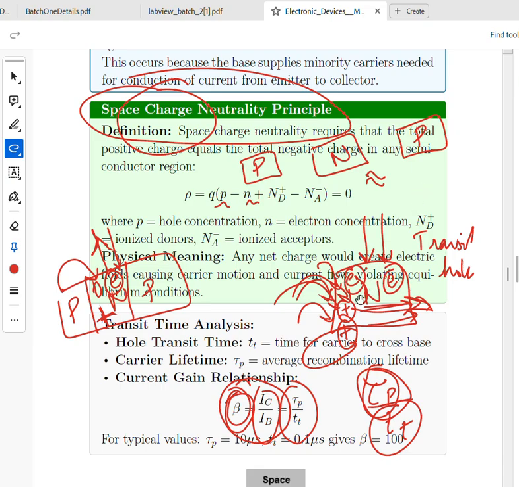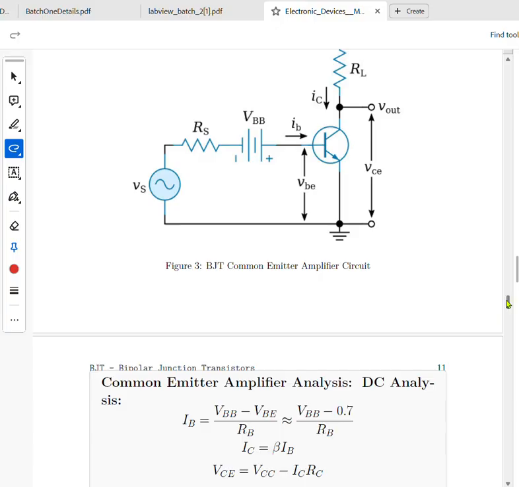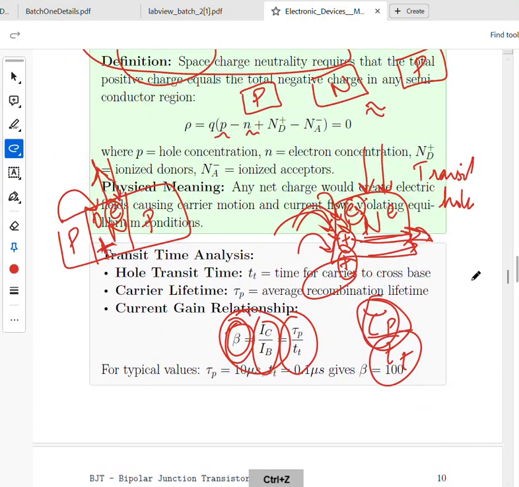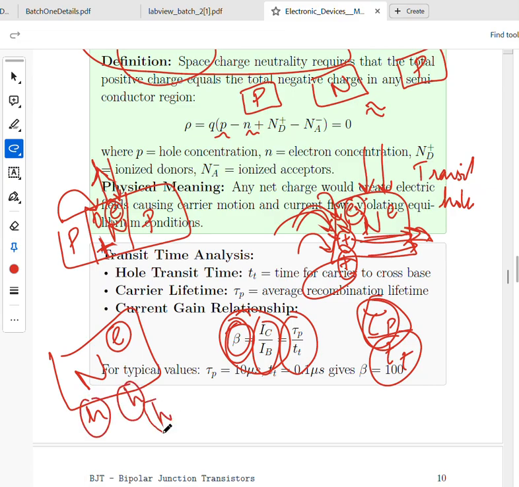But what you will understand here is that even one electron is able to transfer many holes. It's not like it's recombining with every hole. The recombination rate is very low, so even one electron is able to transfer many holes.